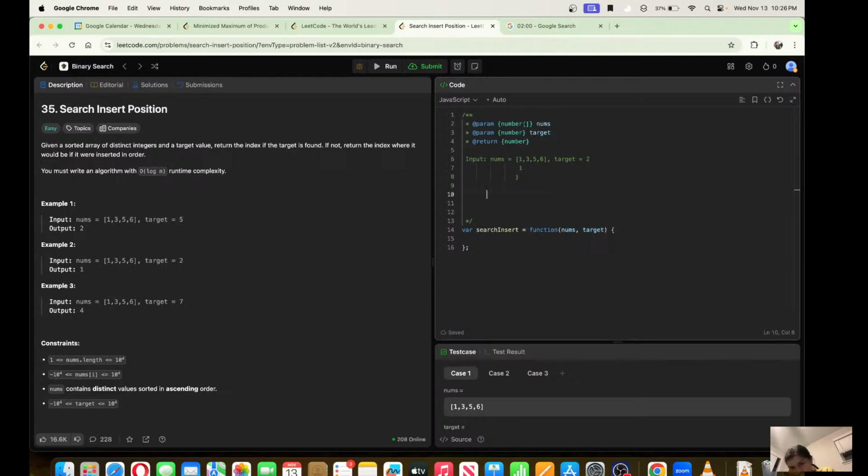So does this mean that the search space will always go right, like left will always point at the number that is, and the target is 2 actually, and this is the search space, right? 1 only.